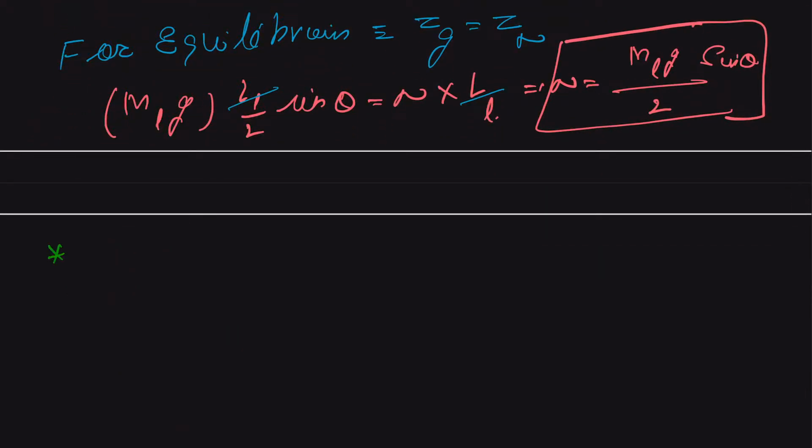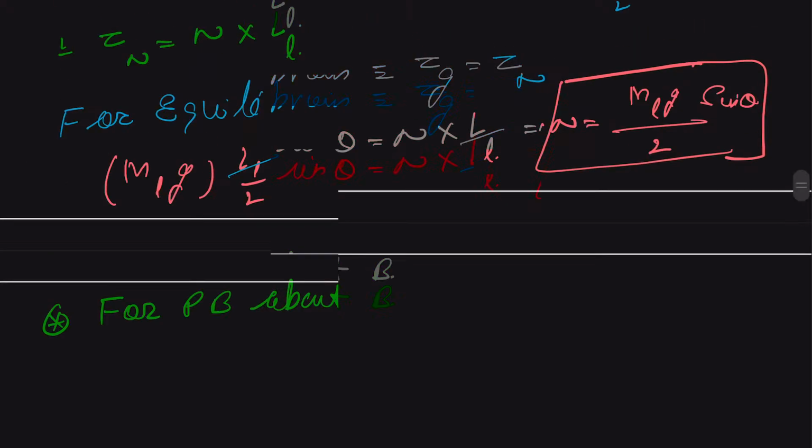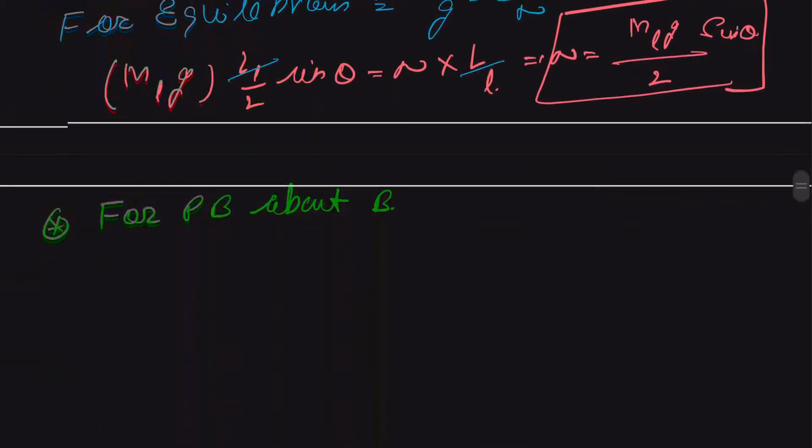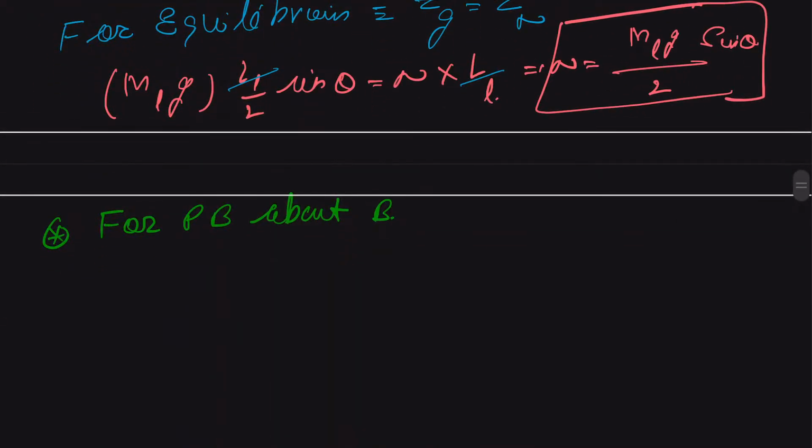Therefore we can say that for PB about B, because if we take it about B, the normal that is in this place will have no torque, and this normal also will have no torque. Okay, so it is much more convenient, and therefore we can write the torque because of G right.